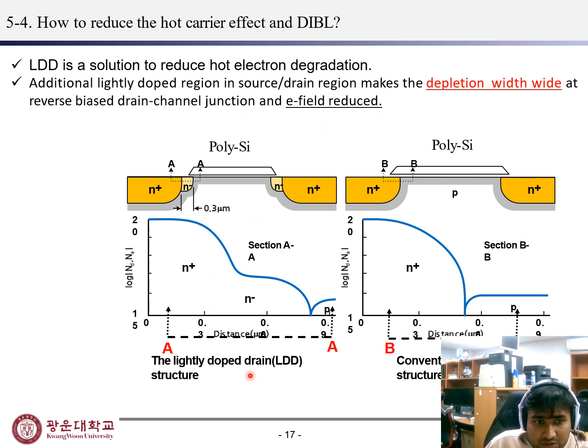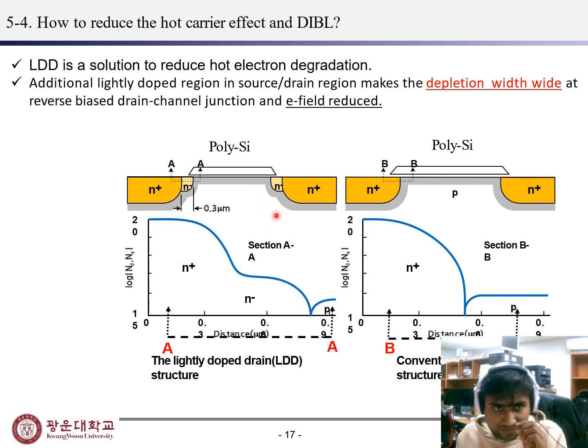Here, if we lightly dope the drain, we lightly dope n-type material. That's why it creates a depletion layer, and here the electric field is reduced. That's why the effect of hot electrons is reduced in this case.